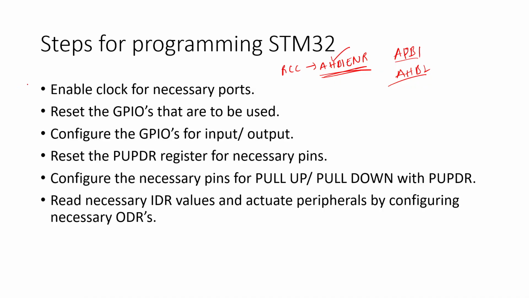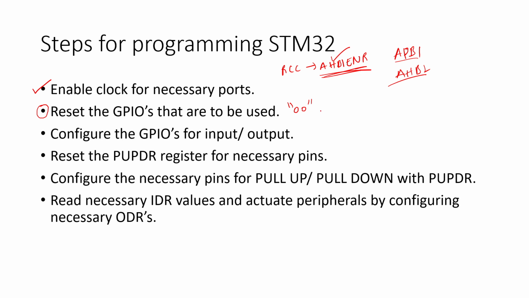So the first thing is to enable the clock for the necessary ports, and once you enable the clock, resetting GPIOs is a main and important step, because if you reset the GPIOs, that means they are ready to use either as an input or as an output. Resetting a GPIO means configuring the GPIO mode as 00 in the MODER register.